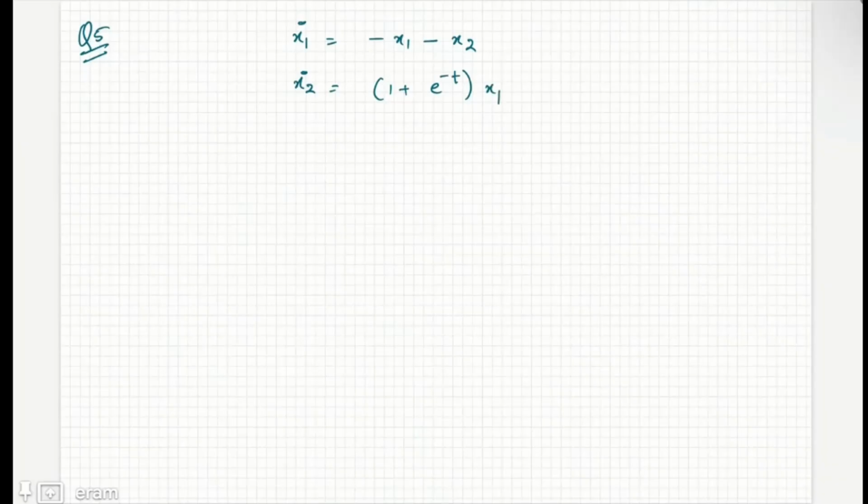Okay, so let's analyze stability using Lyapunov theorem.